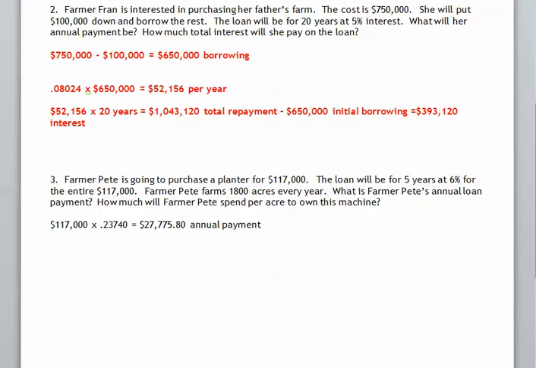Take that annual payment and divide it by 1,800 acres to get our payment per acre.